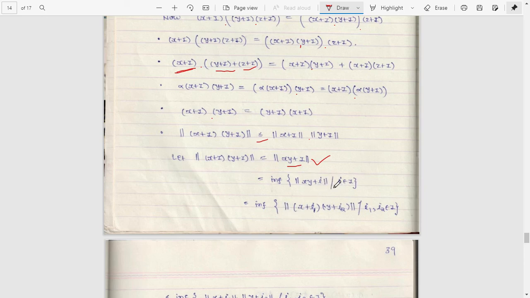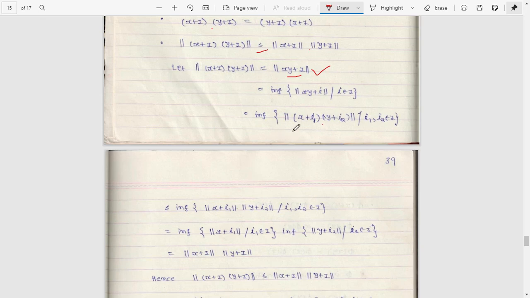So, and now (x plus I1) into (y plus I2) such that I1, I2 belong to the ideal, and this is less than or equal to infimum of norm of (x plus I1) into norm of (y plus I2), because we use this property: norm of (x plus I) into (y plus I) is less than or equal to norm of (x plus I) into norm of (y plus I).